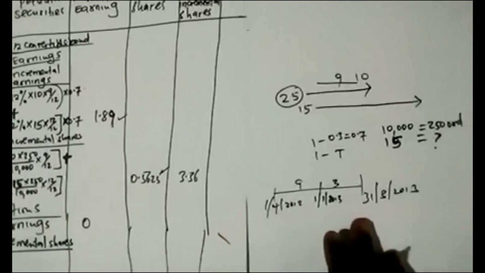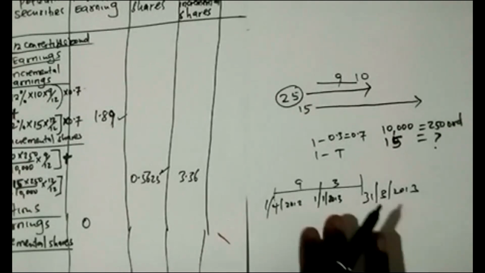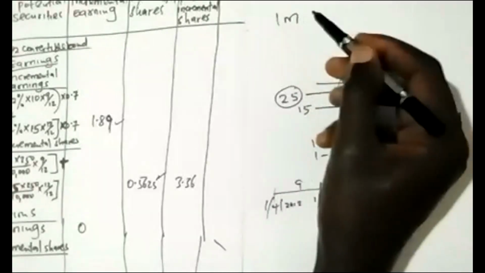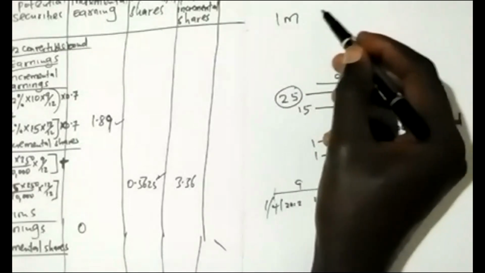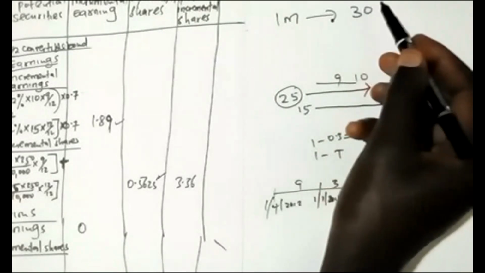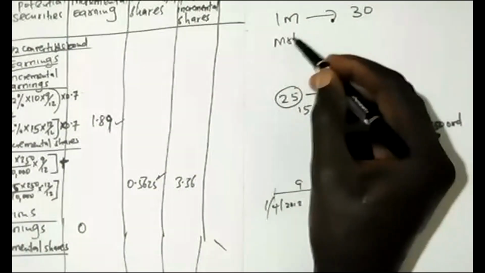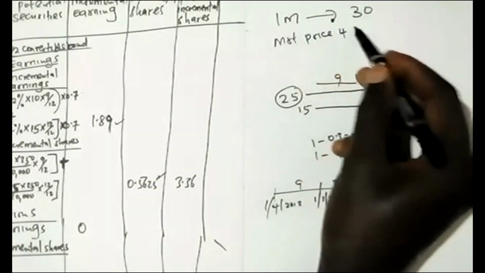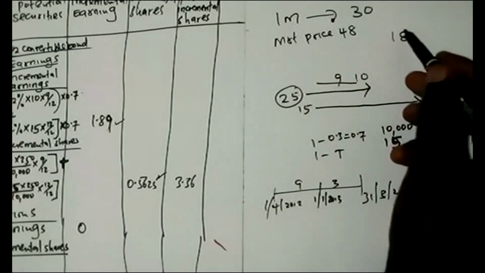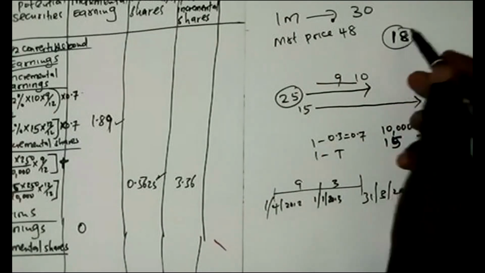So remember that they were given an option to purchase 1 million shares at a price of 30. But the market price was 48. So which means that they could have gained 18.